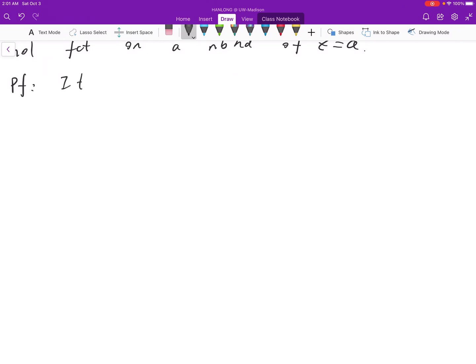So it suffices to prove that, according to the definition, C_{-1}, C_{-2}, all the way up to C_{-n} and so on to infinity, equals 0.